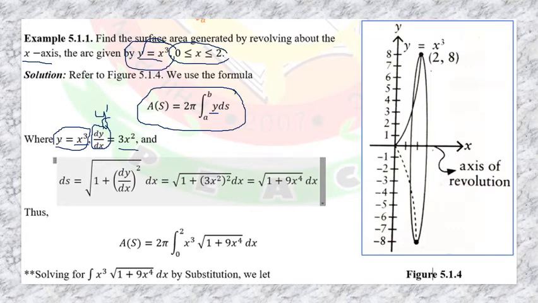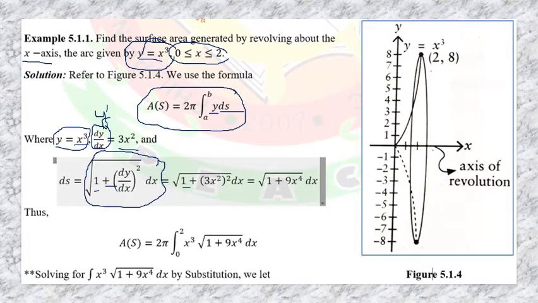And, si ds, di ba equivalent lang yan as the square root of 1 plus dy over dx, quantity squared dx. Okay, equivalent yan. Di ba sa first formula, nabanggit natin sa previous slide. So, ayan, ds is the square root of 1, constant, always 1, plus dy over dx, which is 3x squared, derivative ng x cubed.